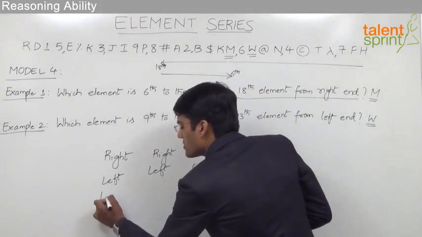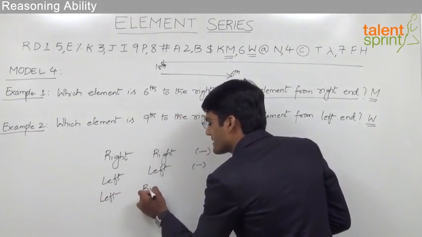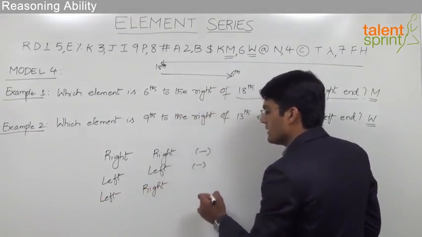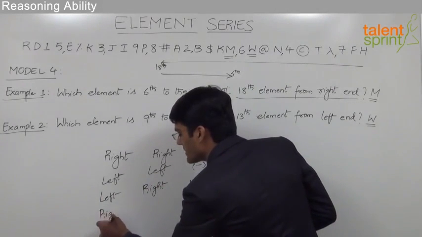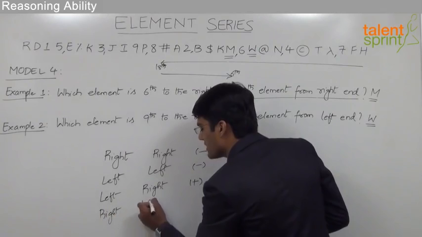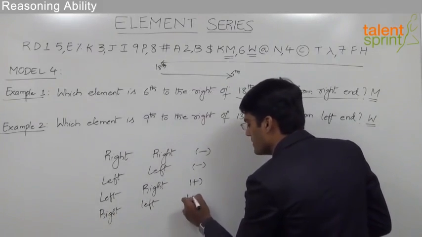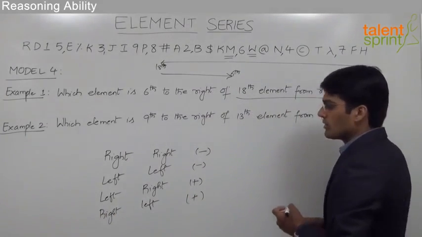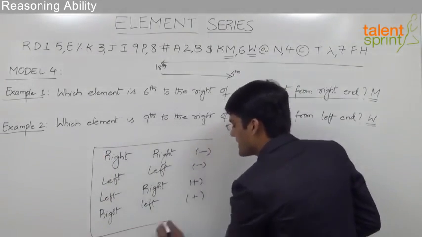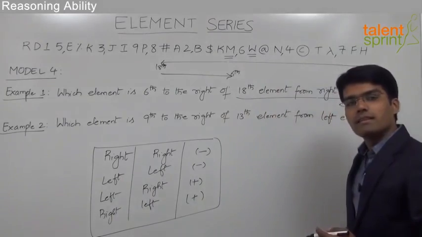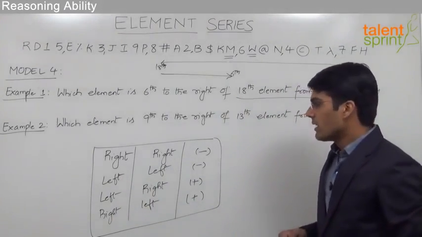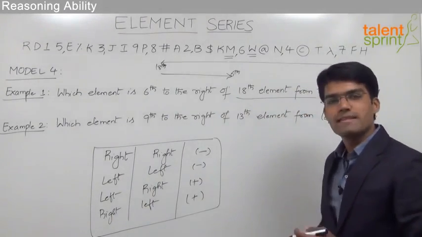Whenever a combination of left and right appears in the question, then we need to add up the positions. Similarly, if it is a right direction element from the left end, we need to add the positions. So this is how you can answer the question in a simple manner by either adding or taking the difference of the positions.